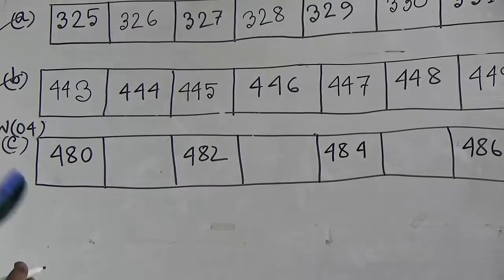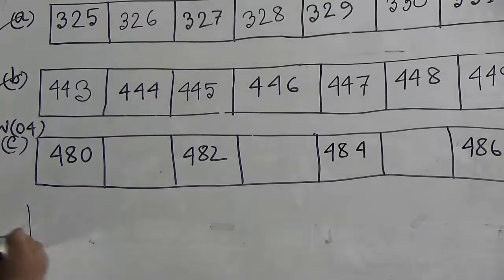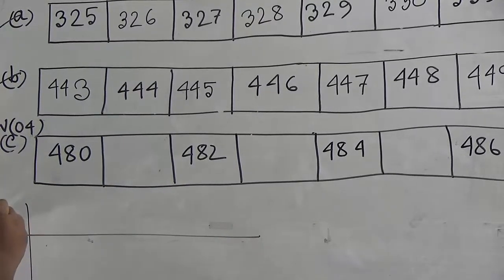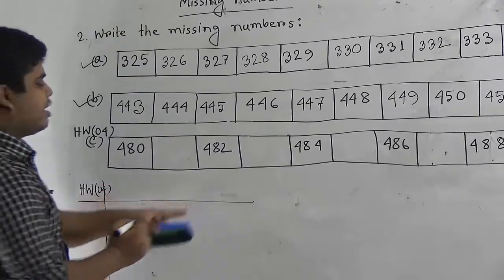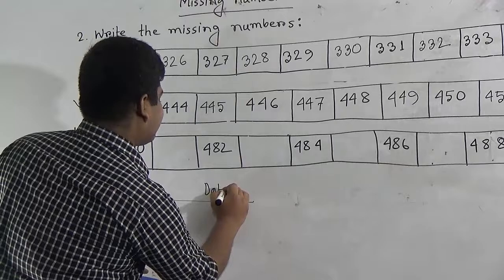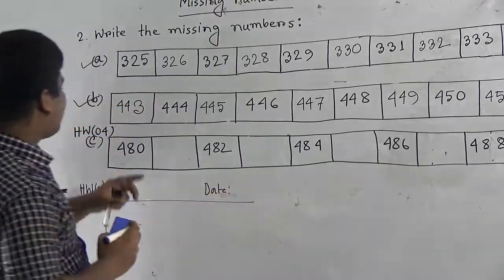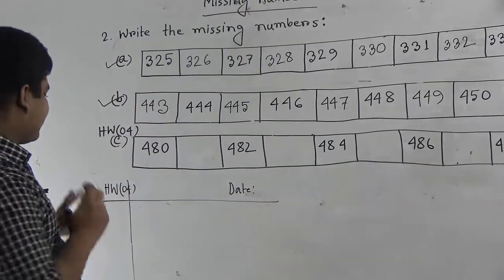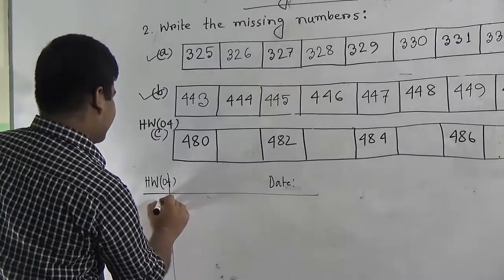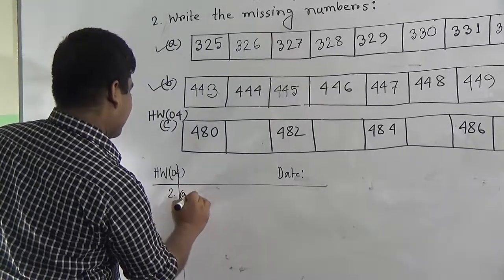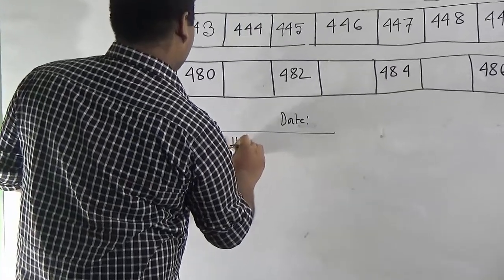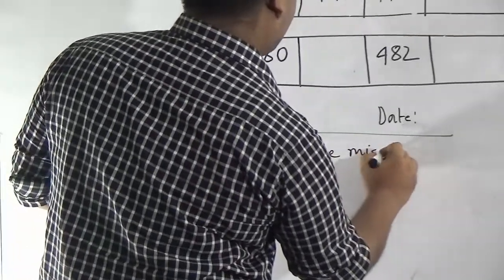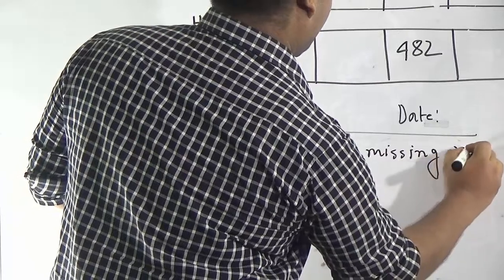First of all, you write on your SW copy here, SW number 4. Then you write the date on which you do the SW. After that you write the question, that means 2A, and write the missing number.